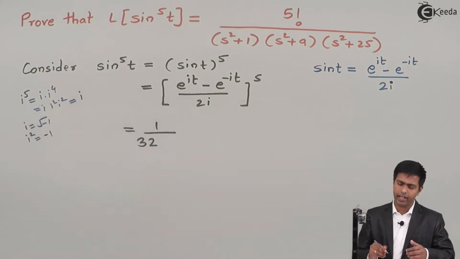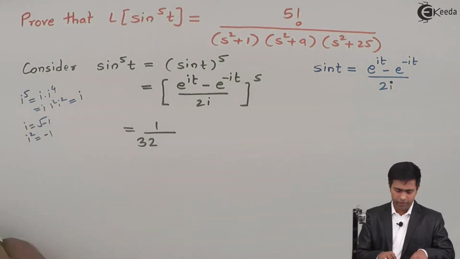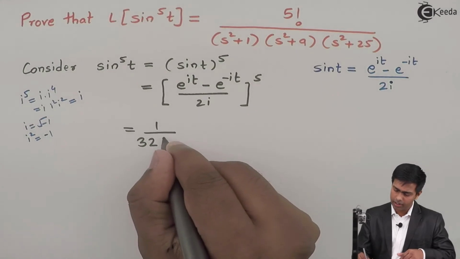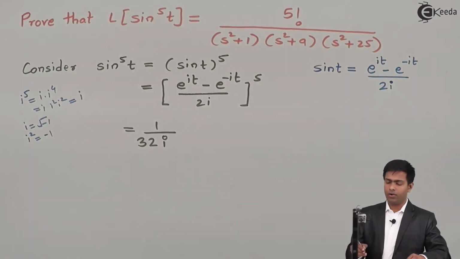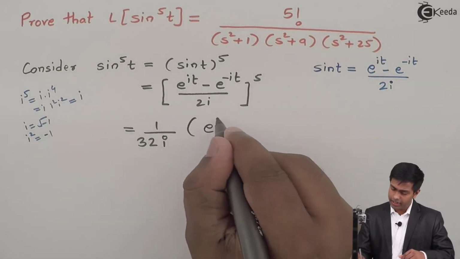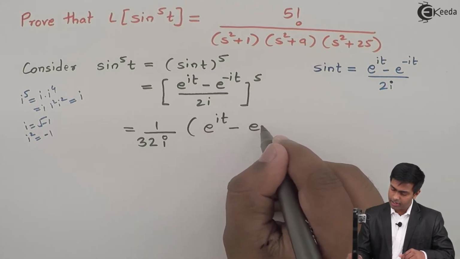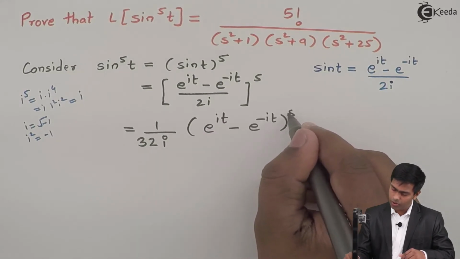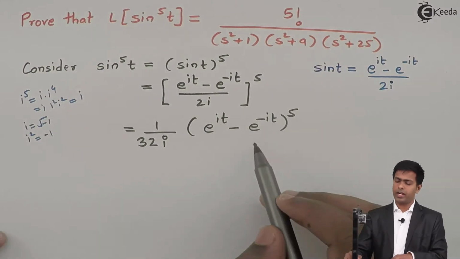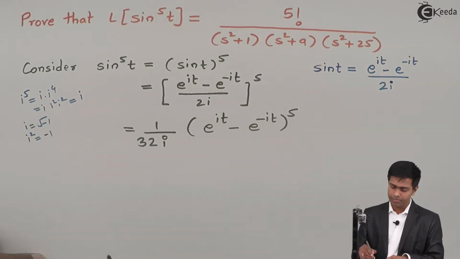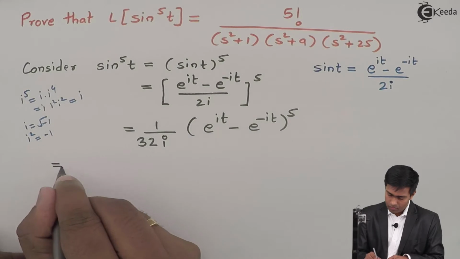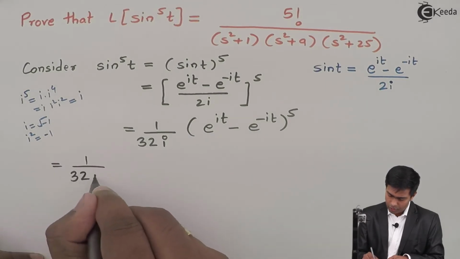It means the value of i^5 is i. So here I will write it down: it is i. And now in the numerator we get (e^(it) minus e^(-it)) whole raised to 5. Now we'll expand this by using the binomial theorem. So here we get 1 upon 32i.